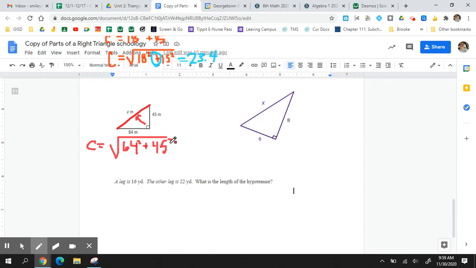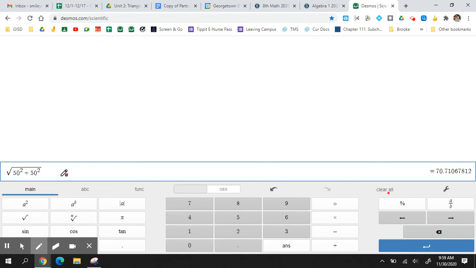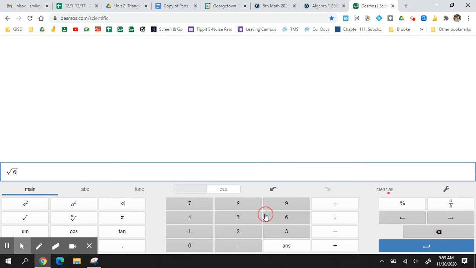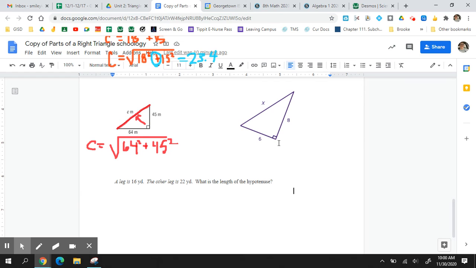So go to your Desmos and clear this. 64 squared plus 45 squared, 78.2. And so that would be our answer for C.